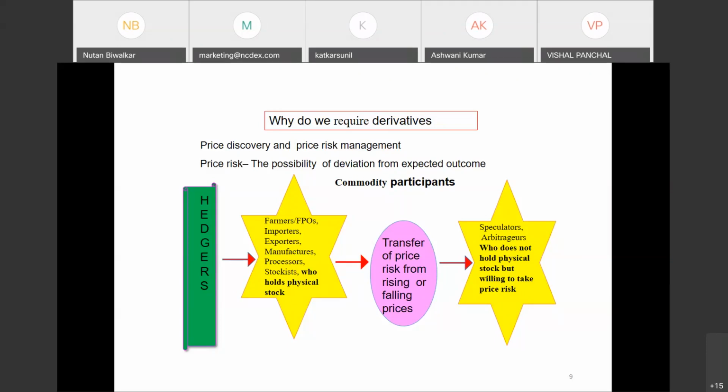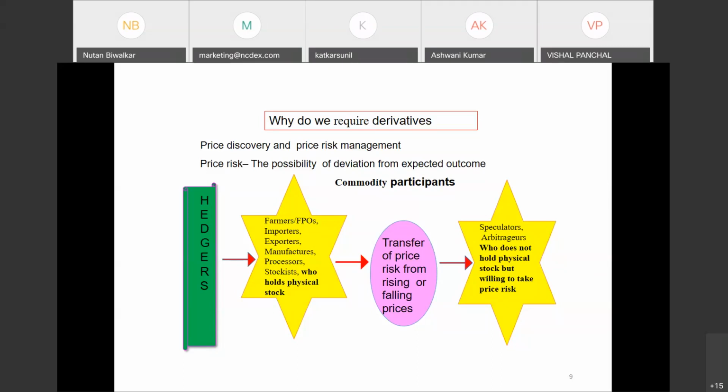Why am I saying that? This is called a hedger. Why am I calling them hedgers? Because they hold a physical stock. Those who hold a physical stock are hedgers, and they are in fear of any unfavorable price movement in the market in future against their exposure. So what are they doing?